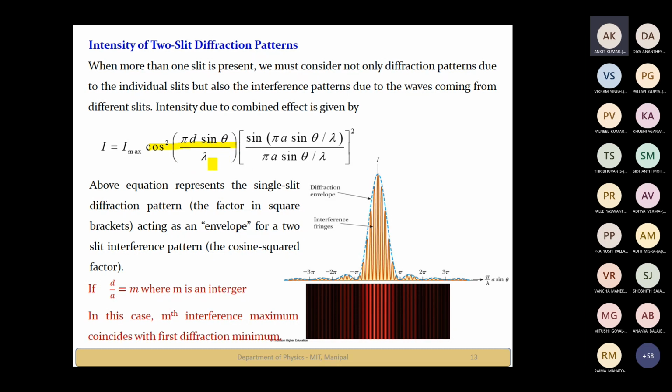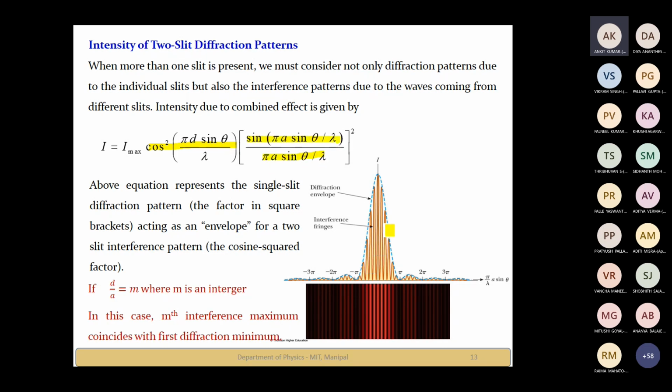Please recall cos square (pi d sin theta by lambda). This is the expression we derived in the last week, in the last one or two classes before. It is nothing but the expression for intensity governing interference alone. And this other factor is the diffraction at a single slit.